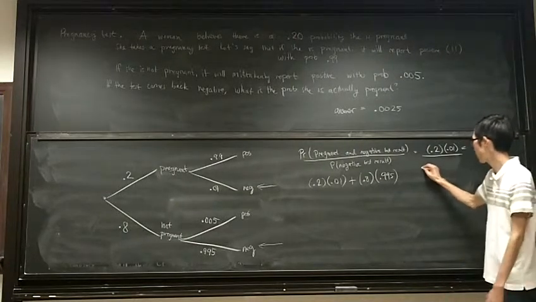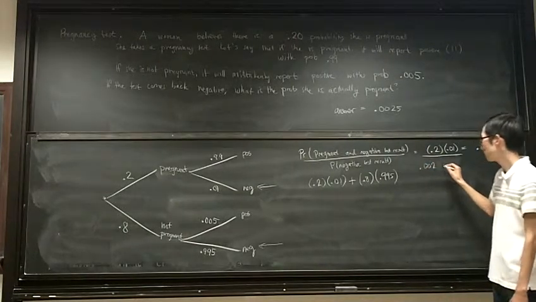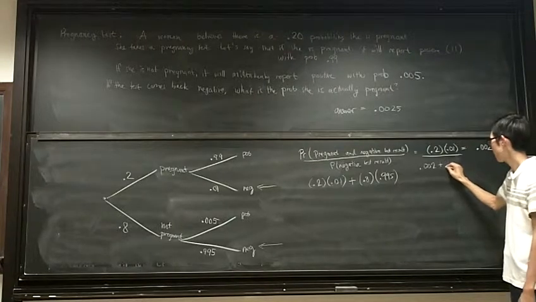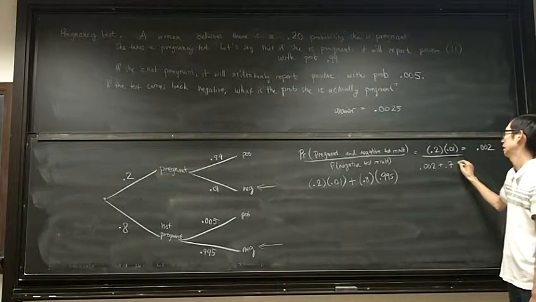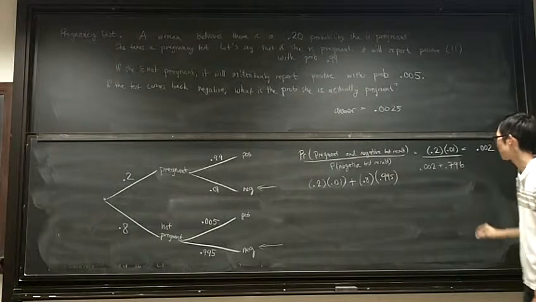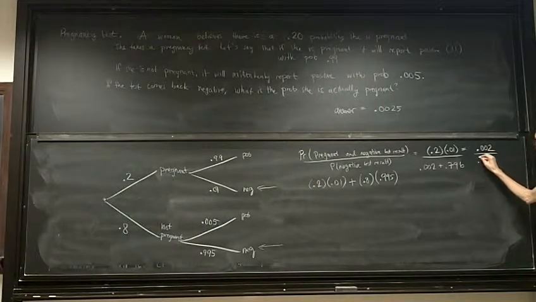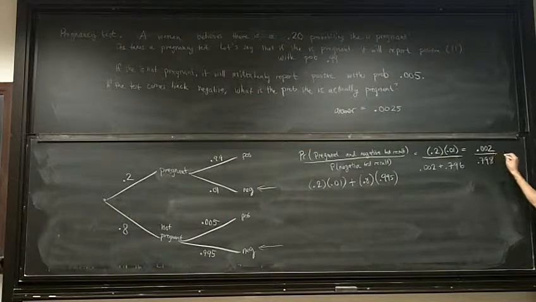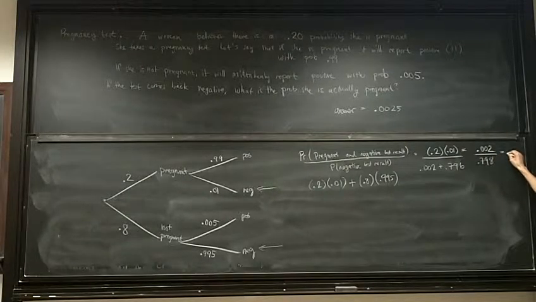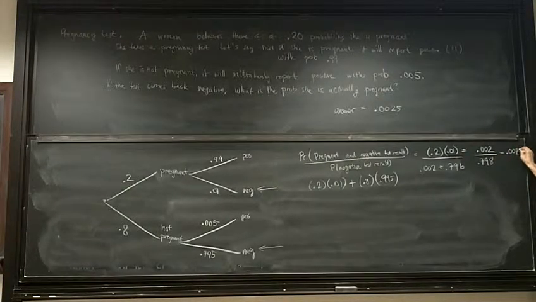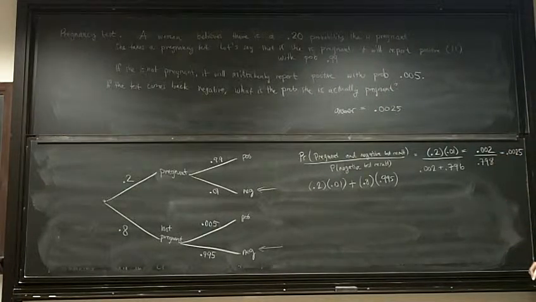So this is 0.002 plus 0.796. So I've got 0.002 divided by 0.798. Okay, and rounded off, I get 0.0025 when I do this division here.